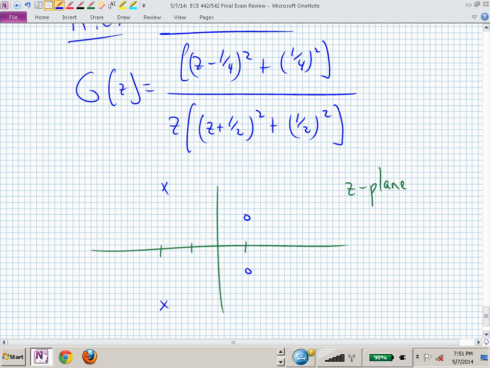At minus 1/2 plus and minus j 1/2. So make sure you get the signs correct by the signs in the expression. And then we have a pole right there. What's that root locus going to look like? You have any idea?